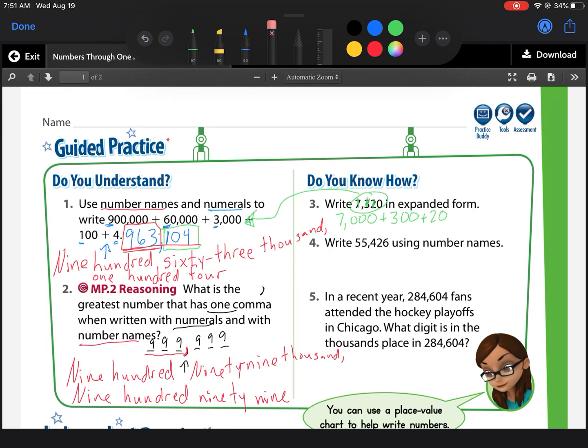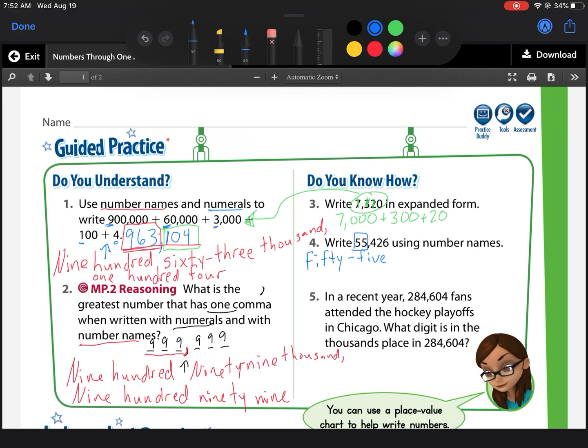It says write 55,426 using number names. Well, I just said it here, so I'm going to look at this first grouping. 55, since that's between my commas, so I'm going to put 55. And then what period or what grouping is it with that comma?